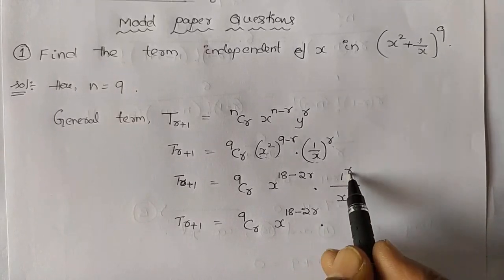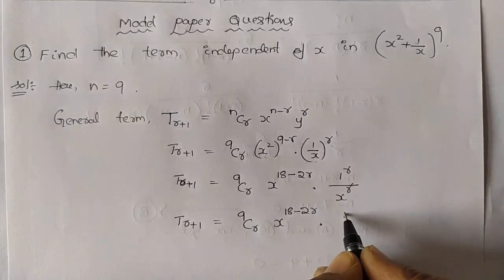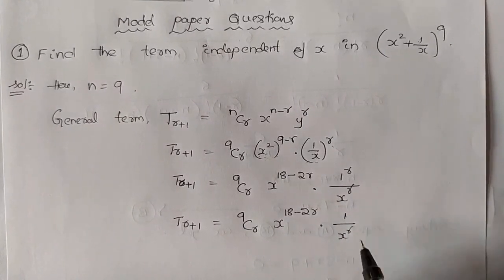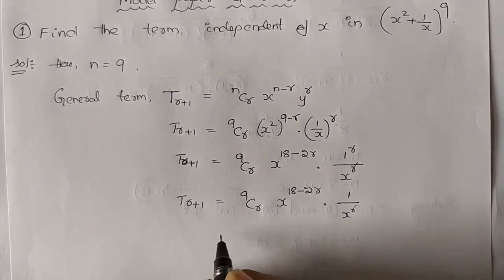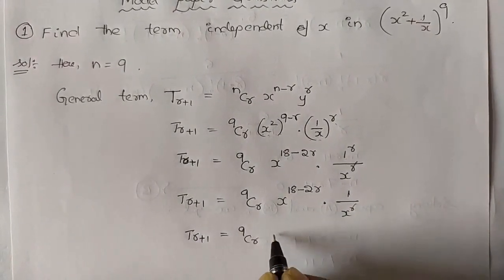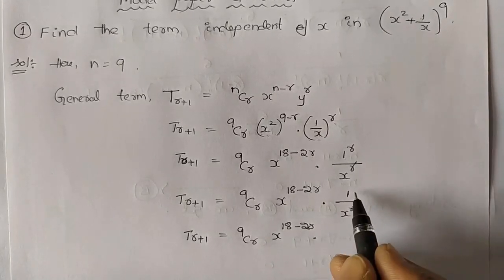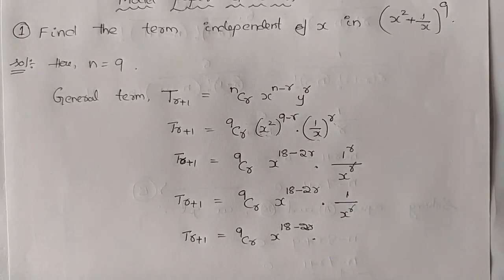How much is 1 power r? 1 power r is 1. So 1 divided by x power r.